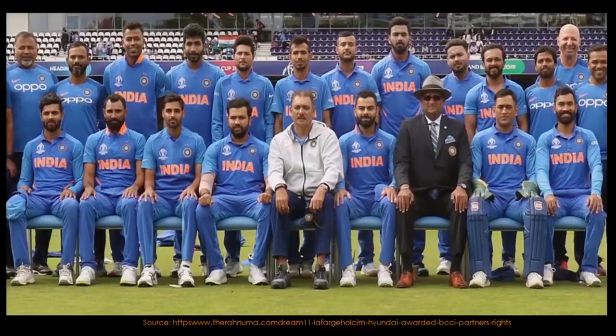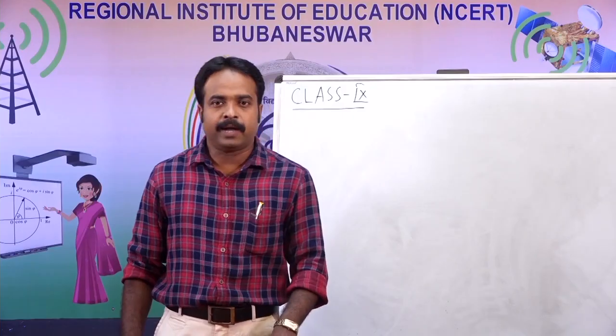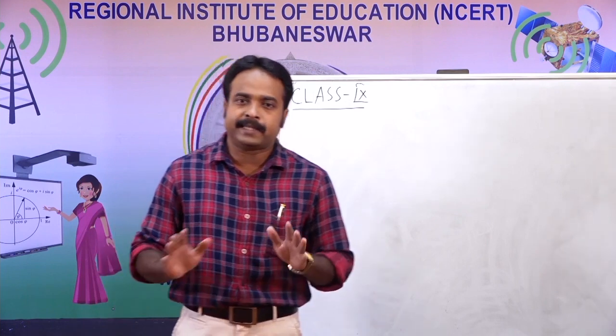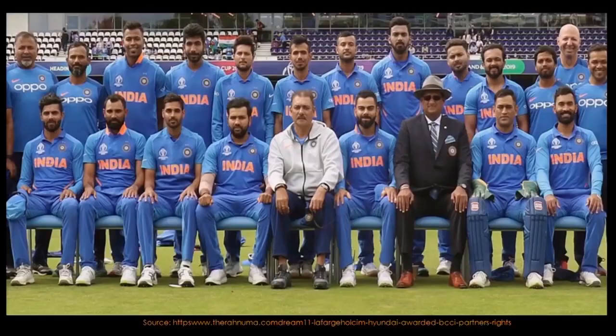Now, have a look at the next picture. Yes, it is the picture of the players of the Indian cricket team along with their coach and other supporting staff. Now, if I ask you at what position MS Dhoni or Virat Kohli is present, like in the previous case, you might answer second position from your right or eighth position from your left for MS Dhoni.